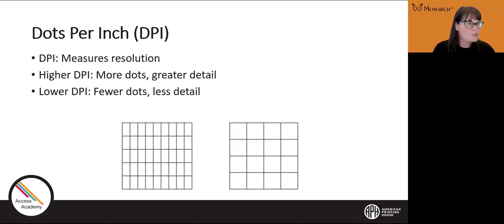So on the screen, I do have two squares. They don't look the same size, but they are the same size. One has 5 rows and 10 columns, I believe, and the other one has 4 rows and 4 columns. And so you can kind of see that there's a difference in the amount of detail that will come through.